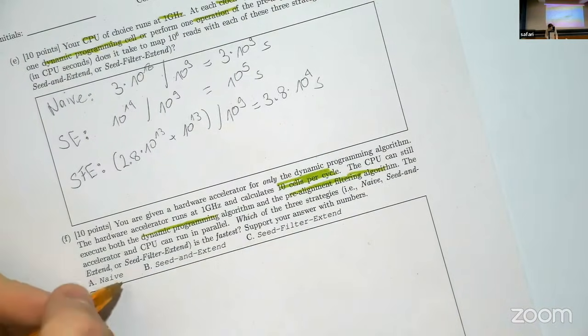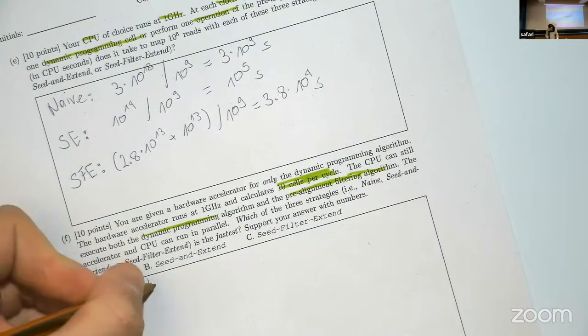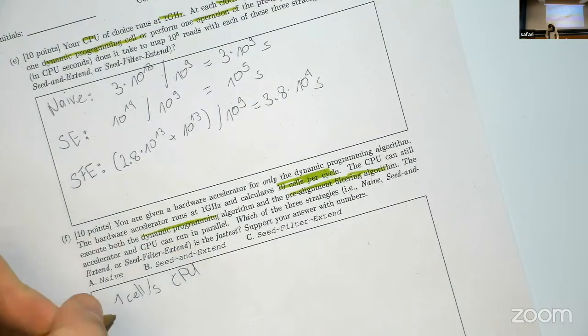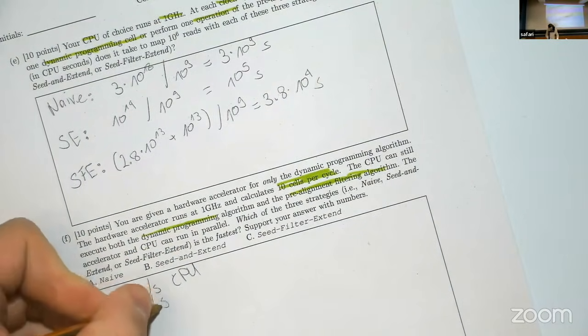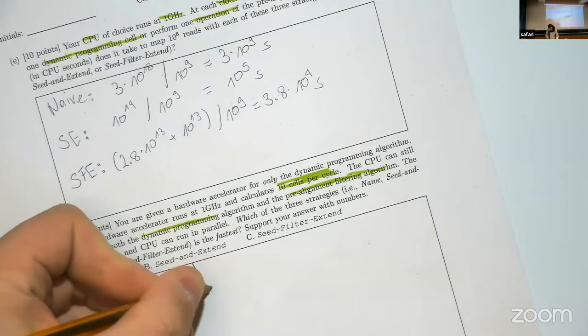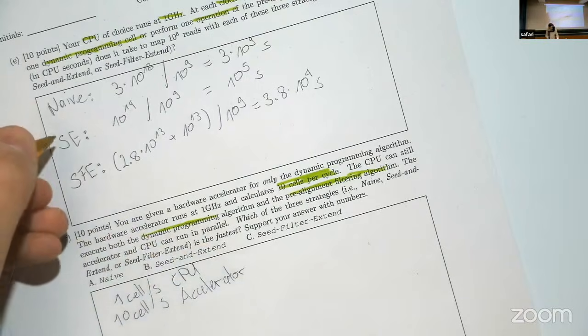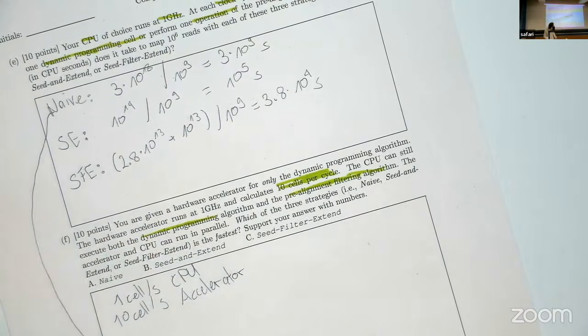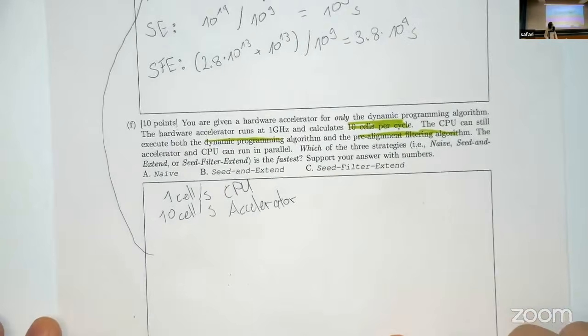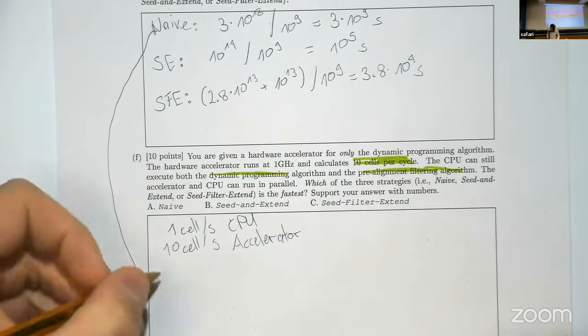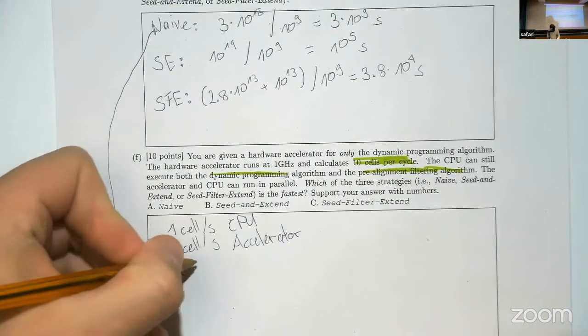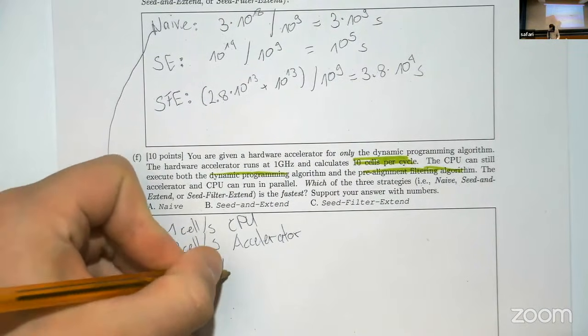So in the case of naive, we simply get an 11x acceleration. We have a throughput of 1 cell per cycle by the CPU, and then 10 cells per cycle by the accelerator. So if we take the number from up here, the same number, 3 times 10 to the 9 divided by 11.